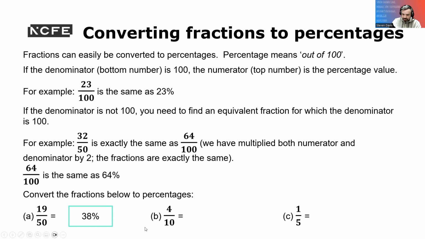So this time we've got to times that by 10. So 4 times 10 equals 40%. And then 1/5. So a fifth, to get 100 would be times 20. So it's got to be 20%.